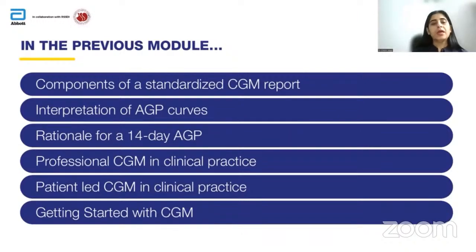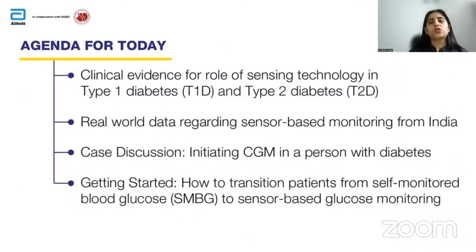Now, this is an era of evidence-based medicine. So I think all of us need the evidences that go not only in influencing the way we practice, but also the recommendations that we always talk about. So what I am going to do today is bring to you the clinical evidence for the role of sensing technology in type 1 as well as type 2 diabetes.